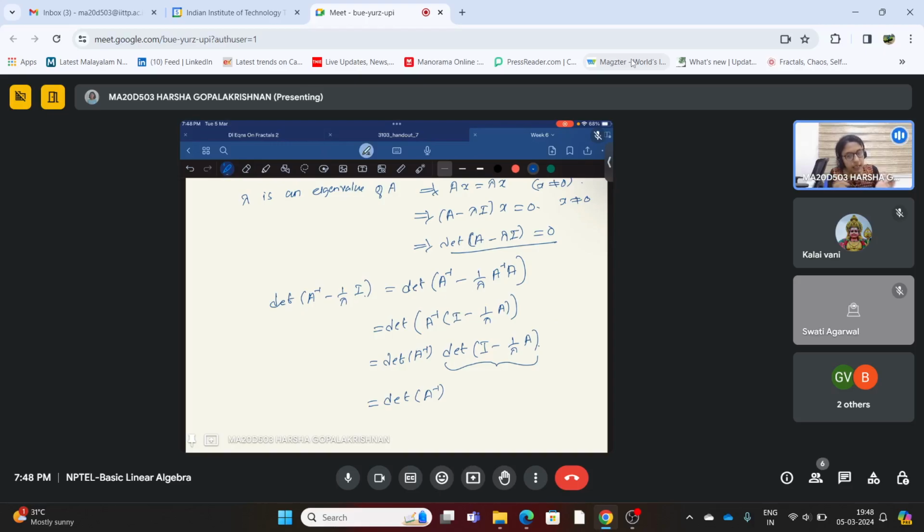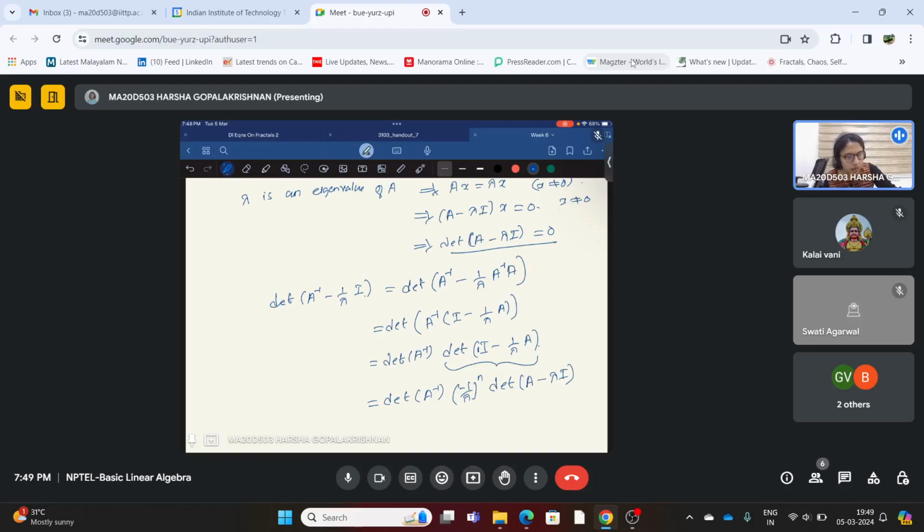If we are taking a constant outside of the determinant, it will become power n, correct? Minus 1 by lambda power n, because it is an n by n matrix. So it will become determinant of A minus lambda I. Here instead of 1, we are writing lambda into 1 by lambda, taking the minus 1 by lambda outside.